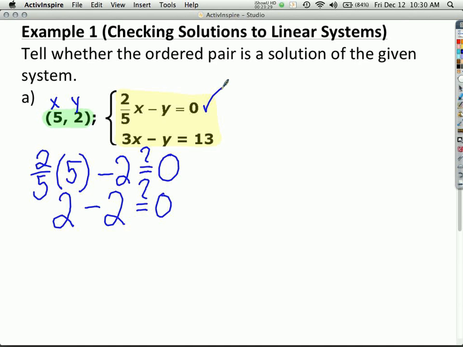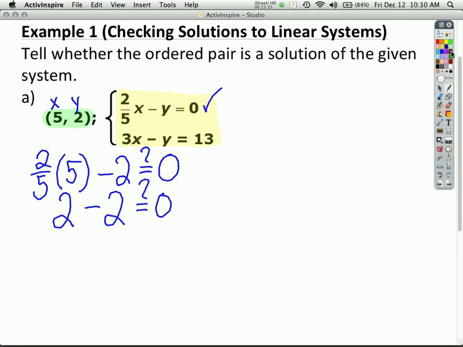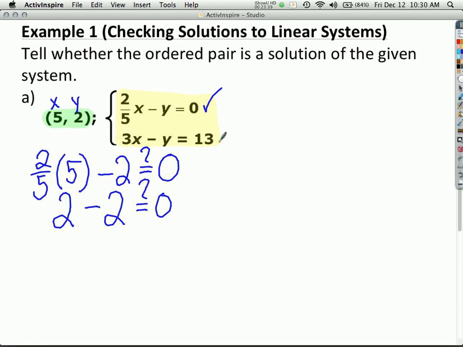But for it to be the solution, it has to work for both equations. So now I'm going to change colors. You probably don't have the ability, but I'm going to change colors so you can see the difference. So now we're going to check this equation with the same point. So now 3 times 5 minus 2. Does that equal 13?